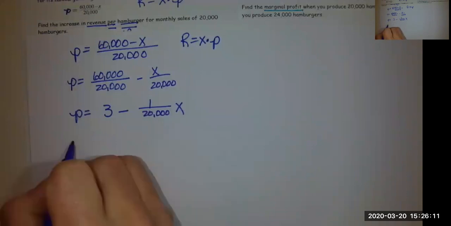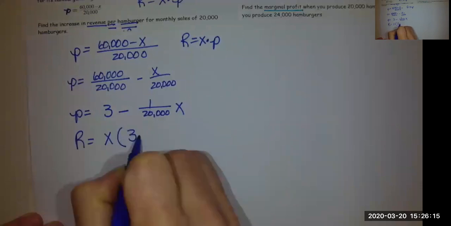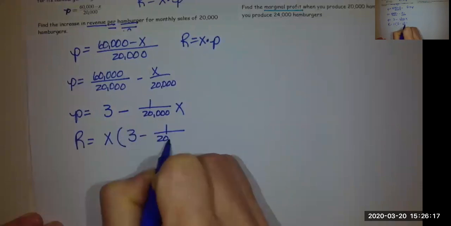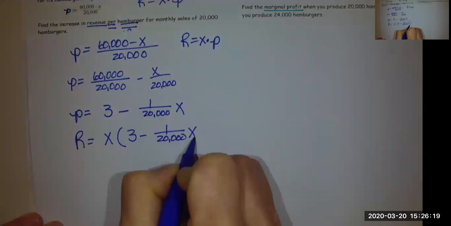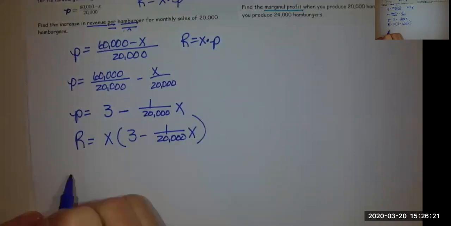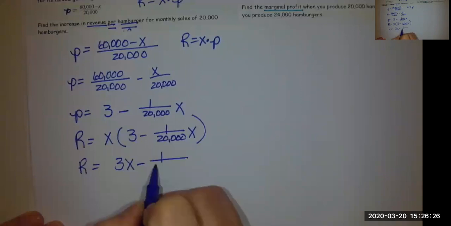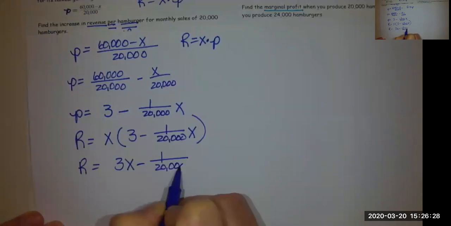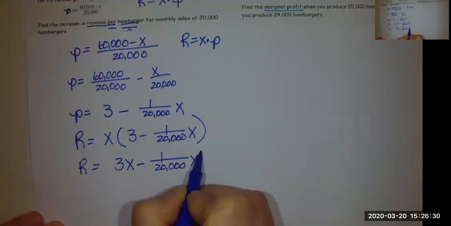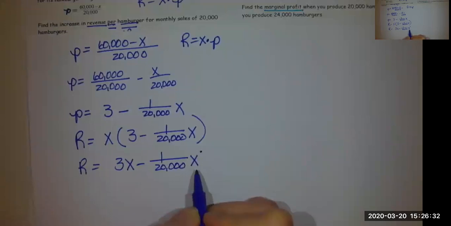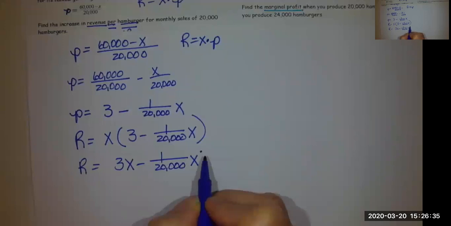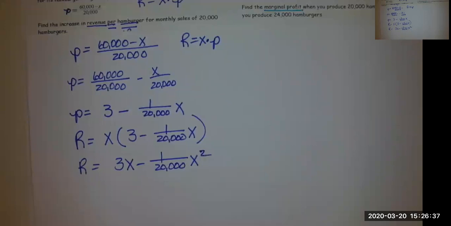So R equals X times P, which gives R equals 3X minus 1 over 20,000 X squared.